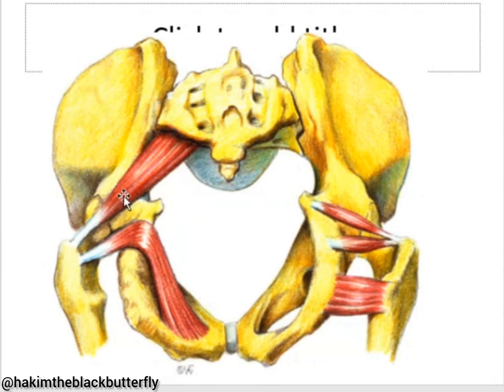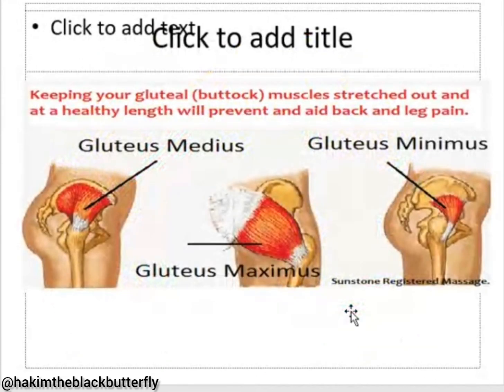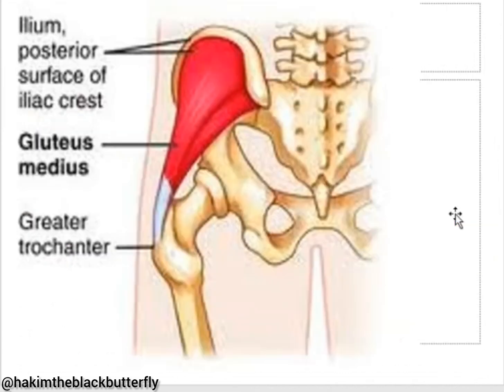So piriformis, gemellus superior is there, obturator internus, which passes there, gemellus inferior, which is there, and quadratus femoris is there. They are the lateral rotators of the thigh. The gluteal muscles are Gluteus Maximus, deep to it, Gluteus Medius, and deep to Gluteus Medius you have Gluteus Minimus.